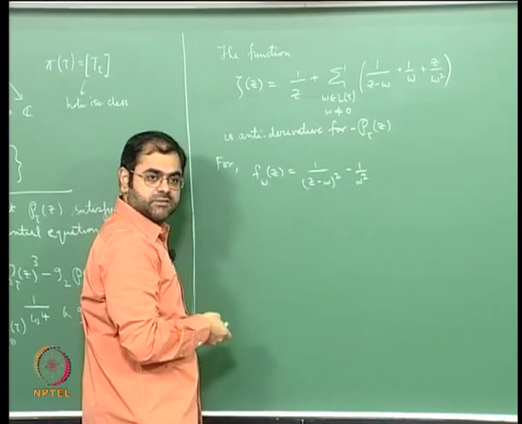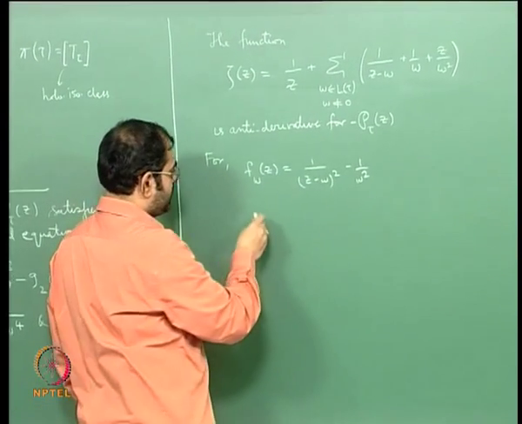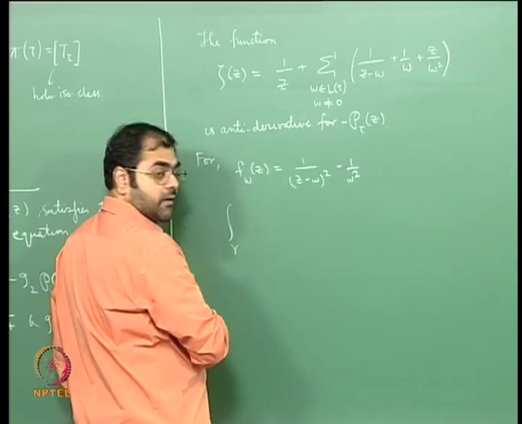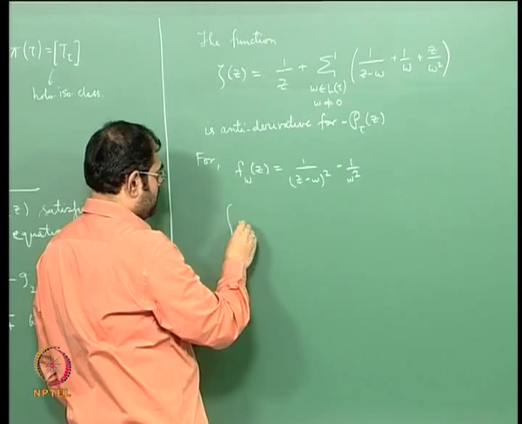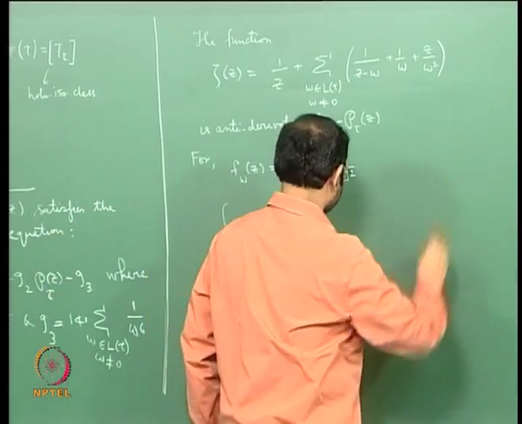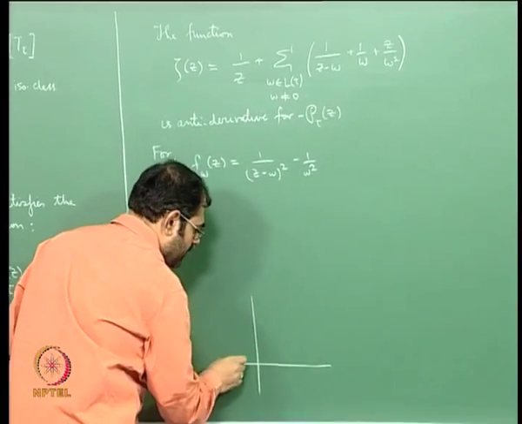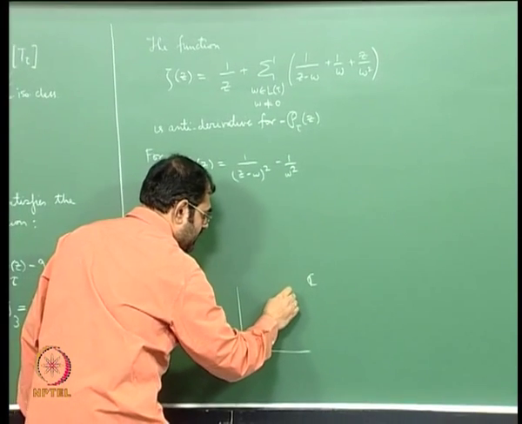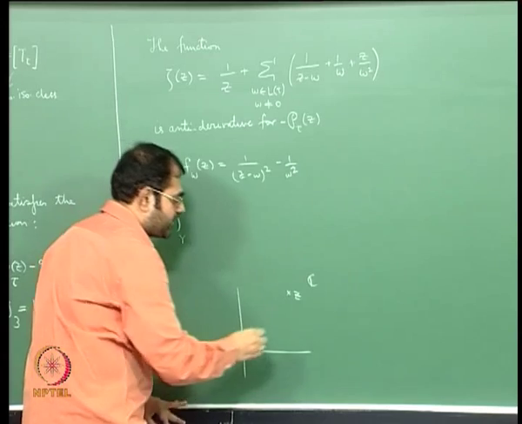Now of course you can integrate this function. Let's integrate it over any path gamma. This is the complex plane, and I choose z to be a point which is not in the lattice.